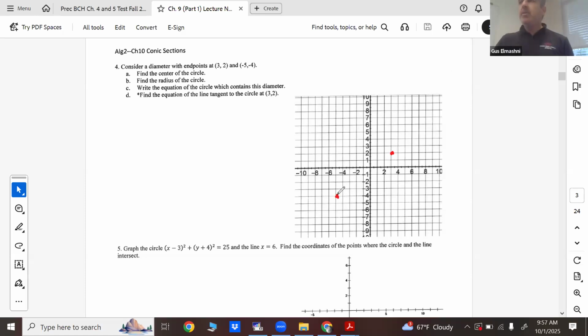To find a midpoint, how can you do that more intuitively instead of using a formula? If you just think about it, you're averaging what?